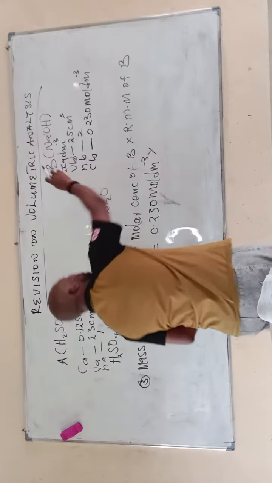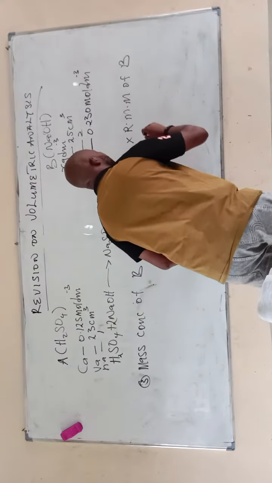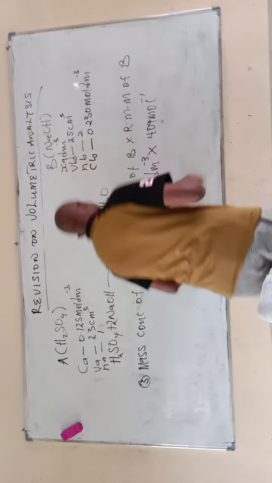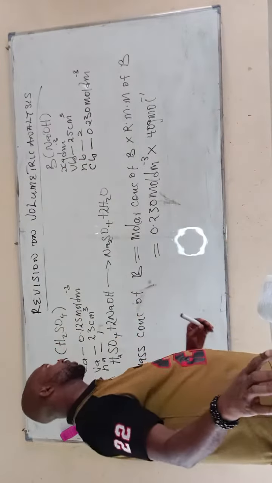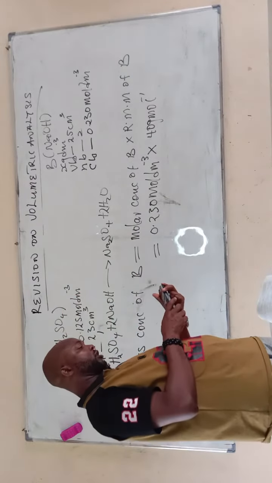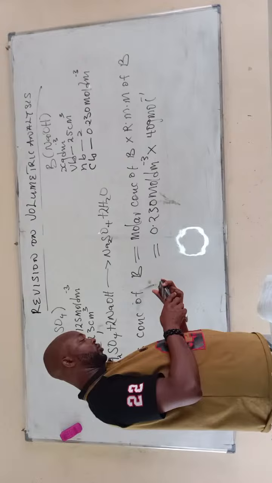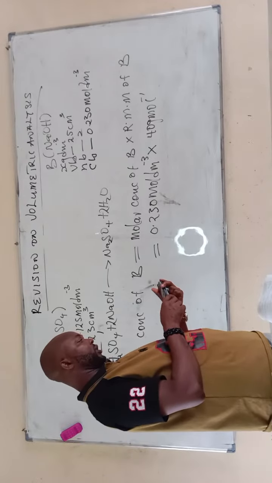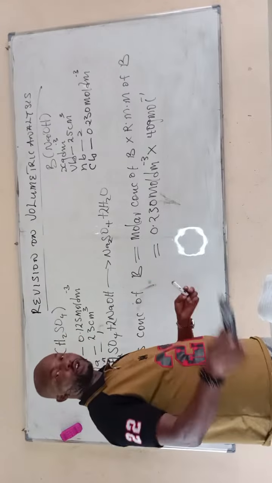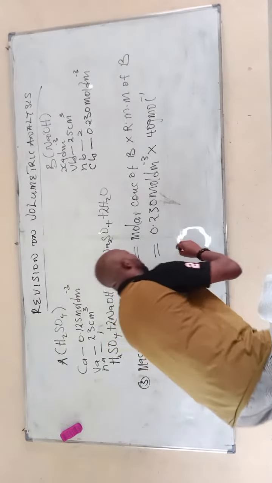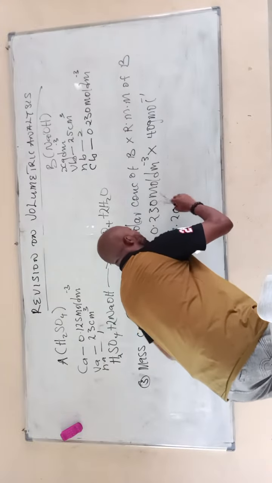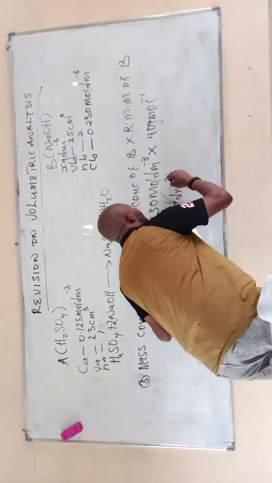And the relative molecular mass is 40 g/mole. Remember, I told us how to calculate the relative molecular mass. It's important you don't forget that. 0.230 times 40 is equal to 9.2. So I will be having 9.20 g/dm³.